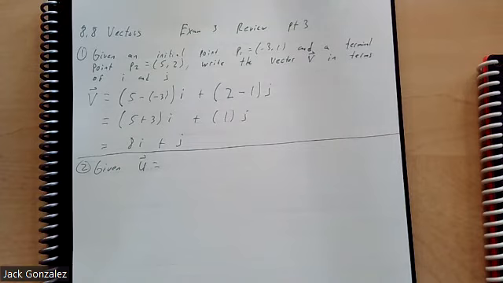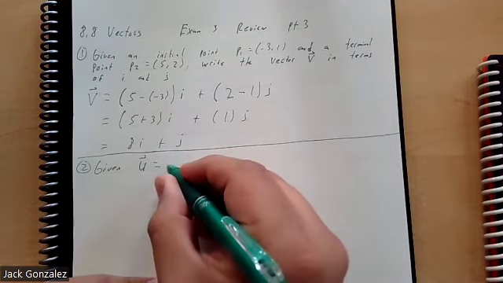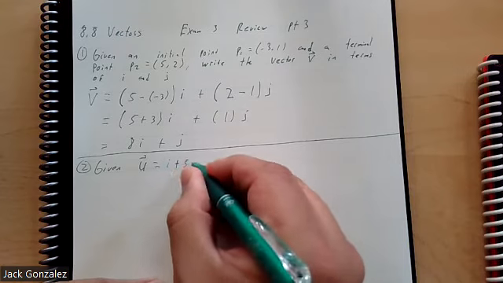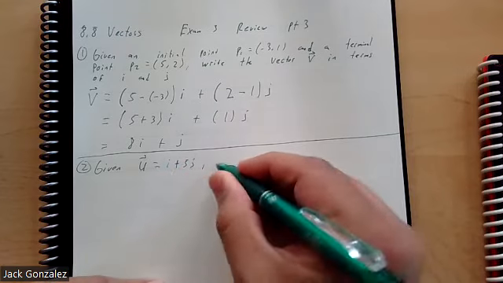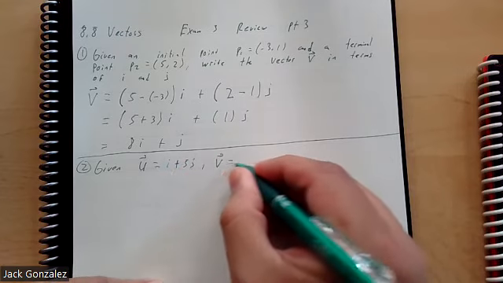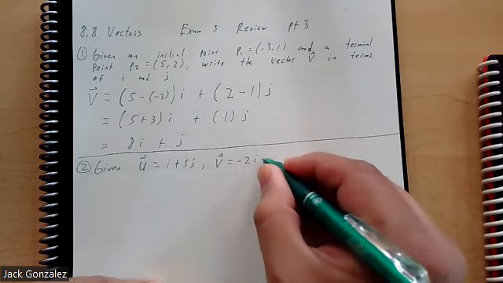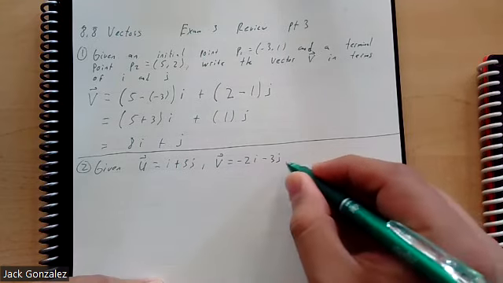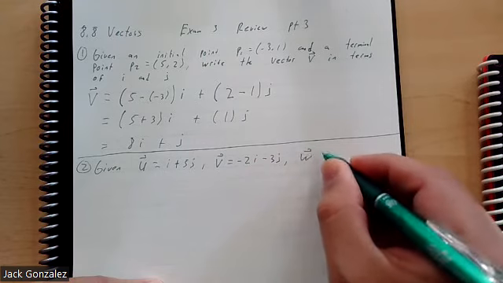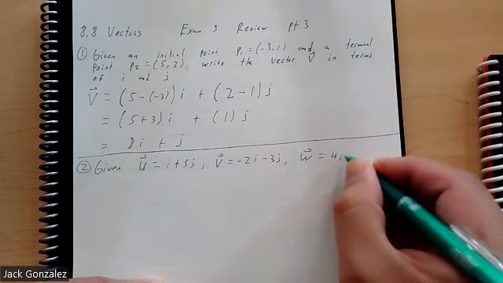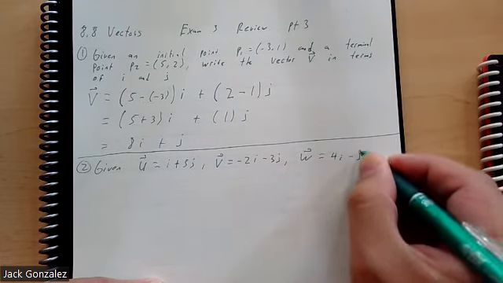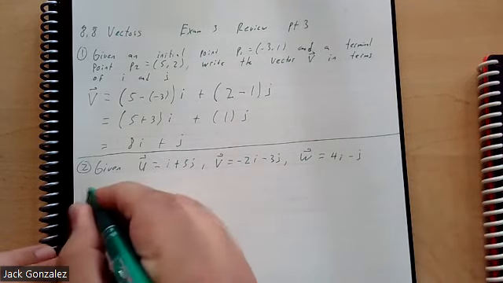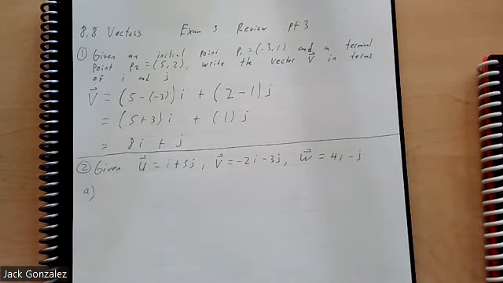Okay, so the next one, let's do operations with vectors. All right, so given a u, v, and a w, do the following. Oh, wait a sec.